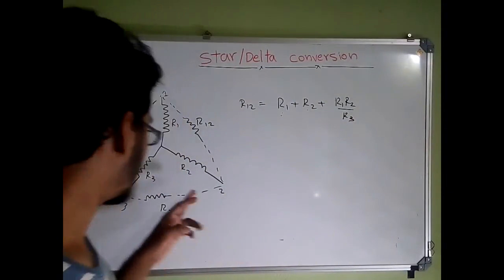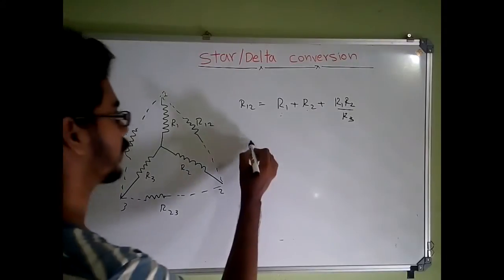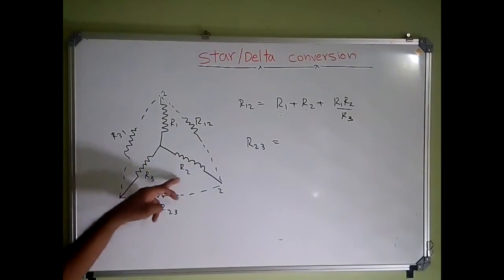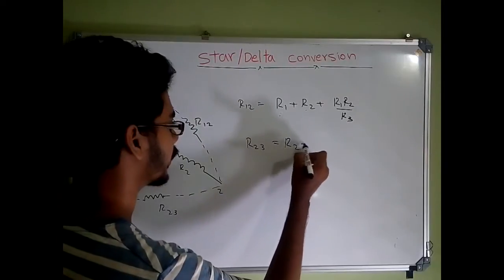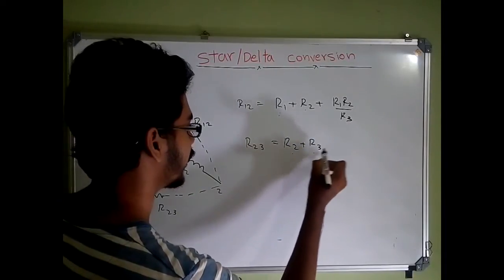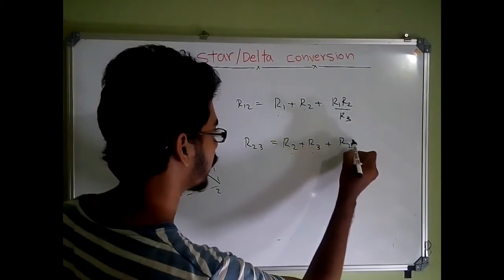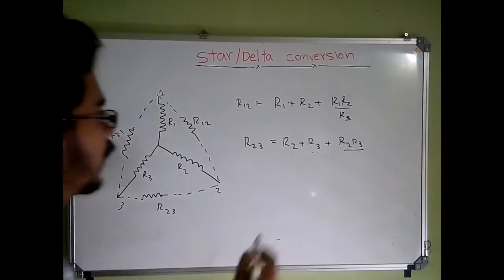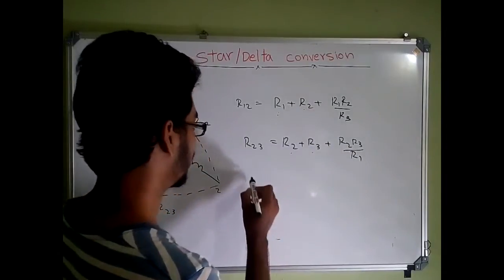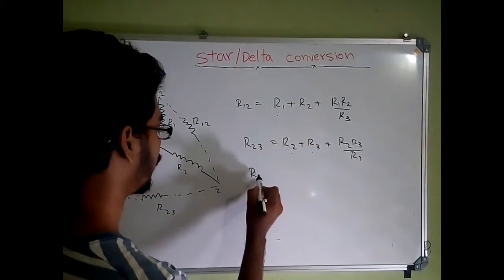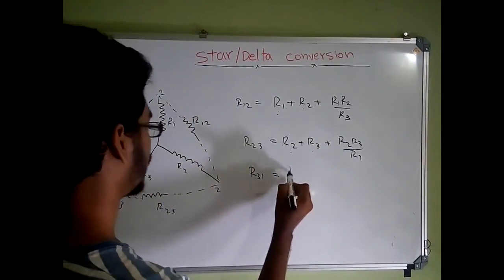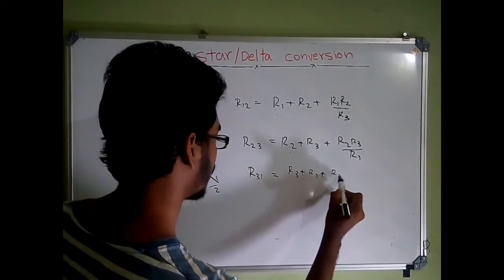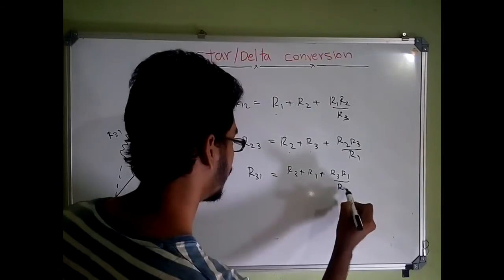Similarly, we have to find R23. What will be the value of R23? It is connected to R3 and R2. So we can write R2 plus R3. Now multiply these together, R2 R3 divided by the non-touching value, that is here R1. Similarly, we can write R31 as R3 plus R1 plus R3 R1 divided by R2.